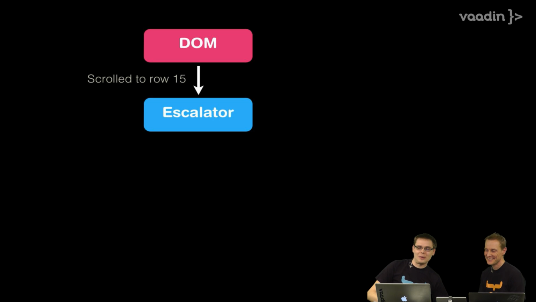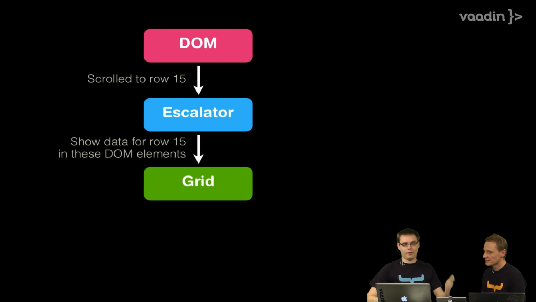So basically, the browser tells Escalator that, hey, now we have scrolled. Escalator sees that row 15 needs to be shown now, and it makes sure there's somewhere to put the data of row 15. But Escalator itself doesn't know anything about the actual data. So it requests the data from Grid.